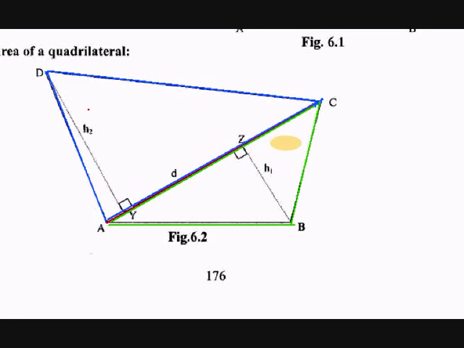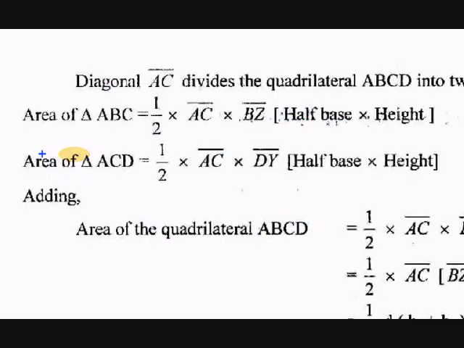These are the two triangles created by this diagonal. So to find the area of the quadrilateral ABCD, we got the two triangles, right?